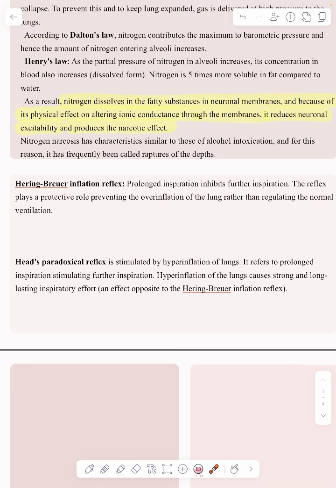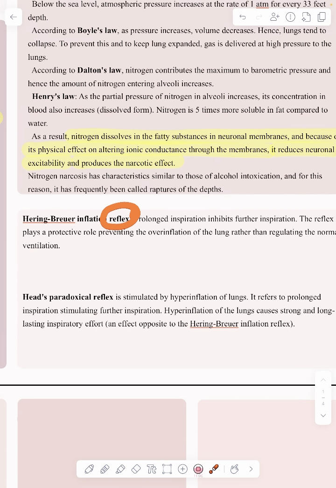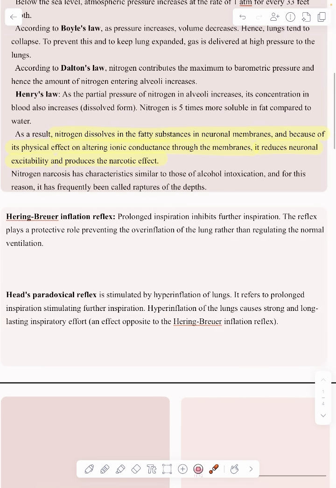The two reflexes we'll be studying here are, first, the Hering-Breuer inflation reflex. This says that prolonged inspiration inhibits further inspiration. The reflex plays a protective role, preventing overinflation of the lung rather than regulating normal ventilation.